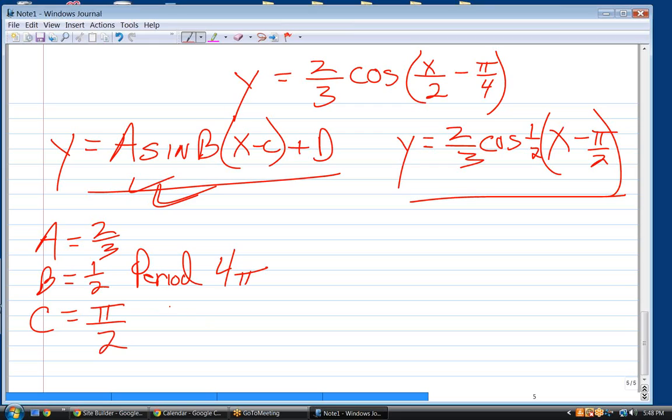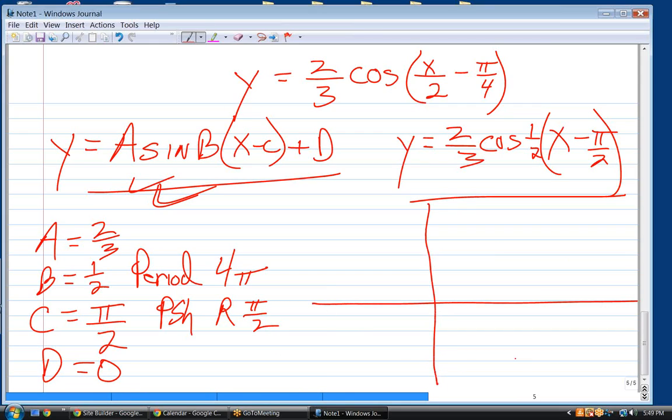Which way is that a shift? So my phase shift is right pi over 2, and that's the way I would write it, with a big R. And D is 0, so this shouldn't be too tough. We're only going to go up to 2/3 and down to 2/3.